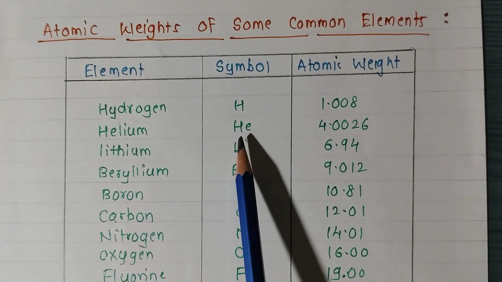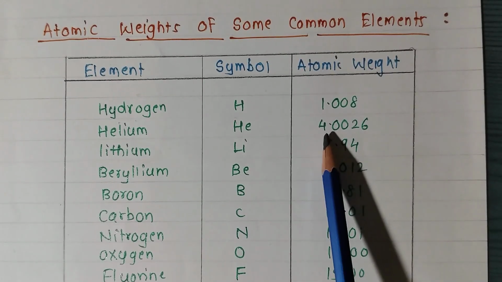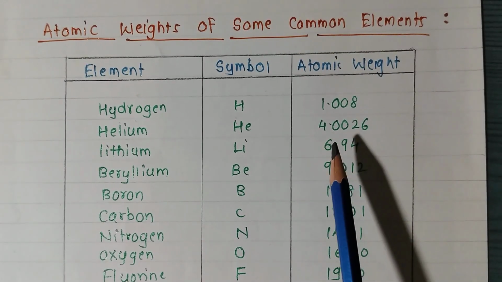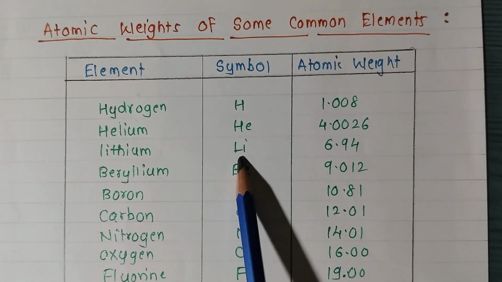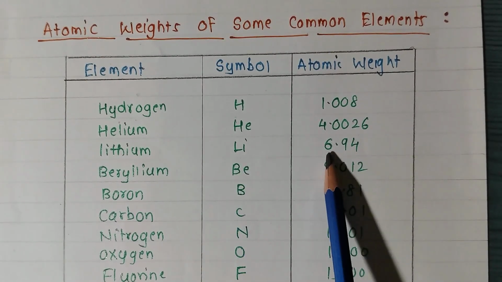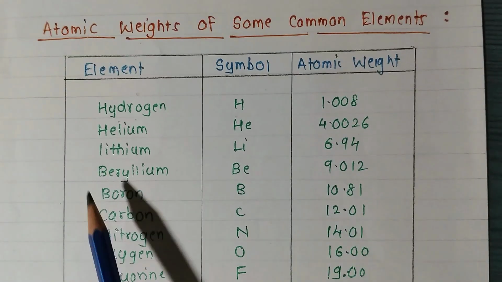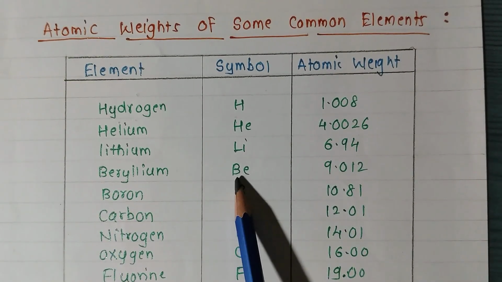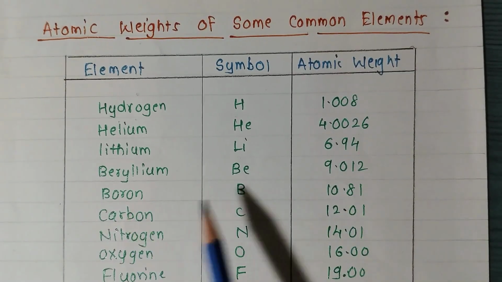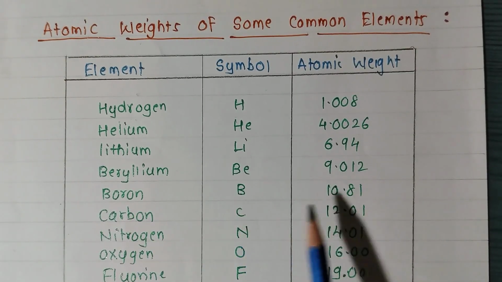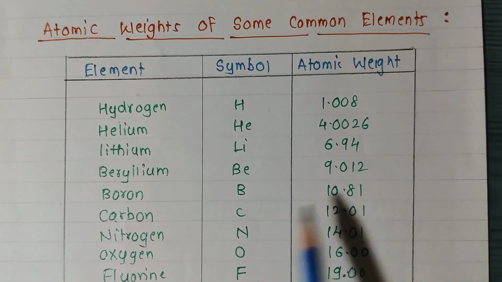For helium symbol is He and atomic weight is 4.0026. For lithium symbol is Li, atomic weight is 6.94. For beryllium symbol is Be and atomic weight is 9.012. For boron symbol is B and atomic weight is 10.81.